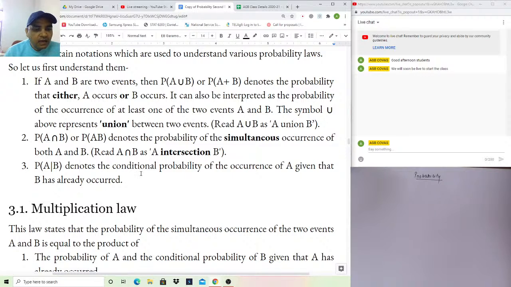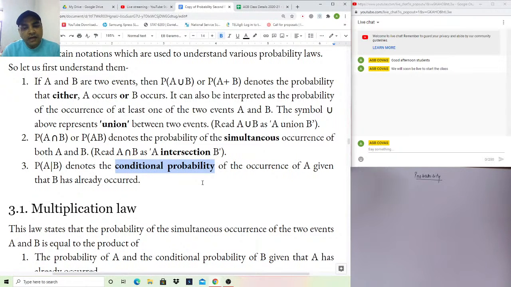This denotes the conditional probability. And what is that condition? This means that P(A/B) denotes the conditional probability of the occurrence of A given that B has already occurred. So this constitutes your conditional probability.